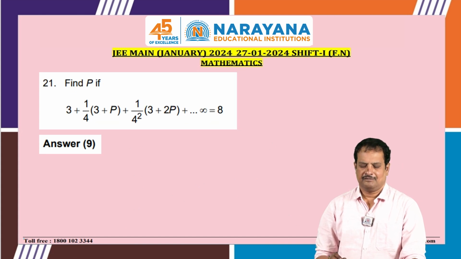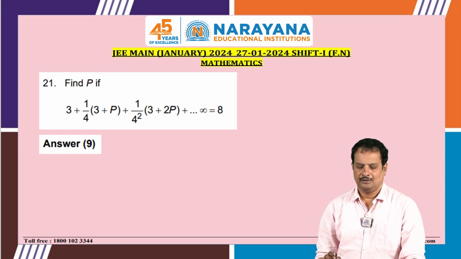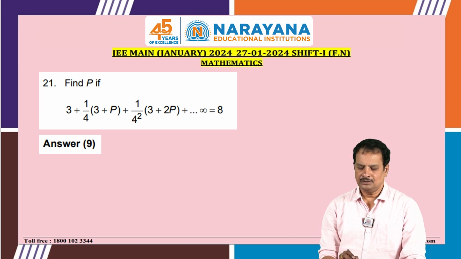That is, find p if (3 plus p) by 4 plus (3 plus 2p) by 4 square plus (3 plus 3p) by 4 cube and so on up to infinity is equal to 8. What is the p value? That is the question. So in this case, you can take the first term in every bracket. For example, 3 by 4, next one 3 by 4 square, and obviously the next one will be 3 by 4 cube and so on.